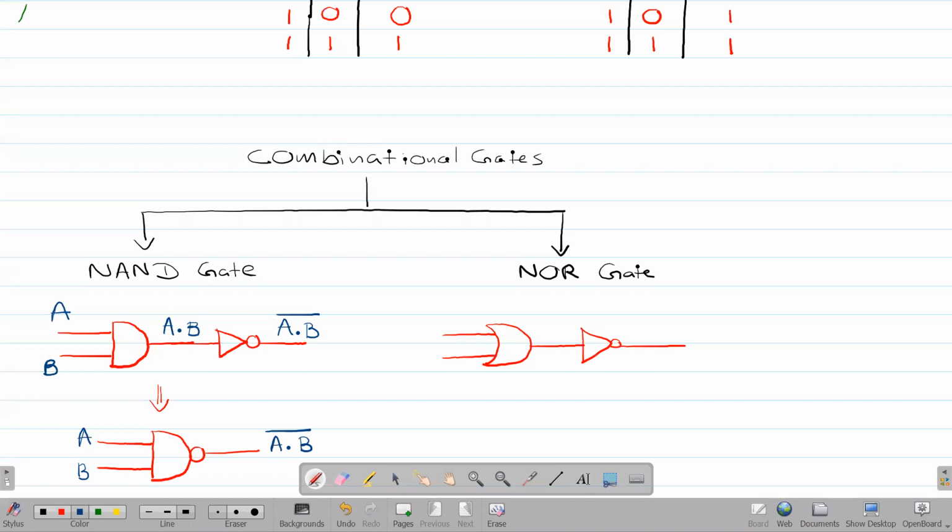That means once A and B are provided, this will give you A plus B, and here you can find A plus B's total bar.